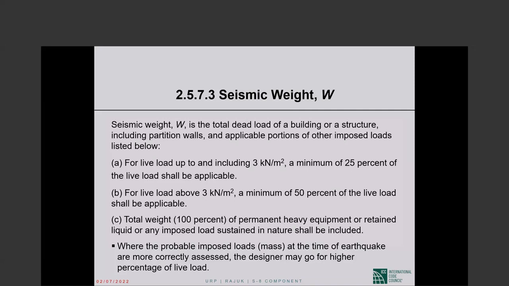I don't know, there is a significant preoccupation with live loads that I do not understand. As you saw, in ASCE 7 we include 25% of the live load for storage facilities, and that's it. Here it is 25% of everything, 50% for all occupancies with more than 60 pounds per square foot, and then it says you may go even higher.